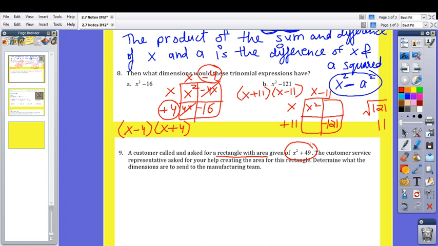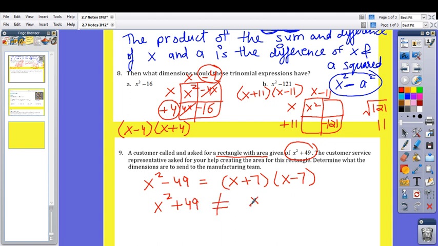Now, the problem is if we have x squared and then take away 49, then that will be x plus 7 and x take away 7. But in our case, it is x squared plus 49, which is not the same as x plus 7 and x minus 7. Okay. So, we will not be able to make the quilt.